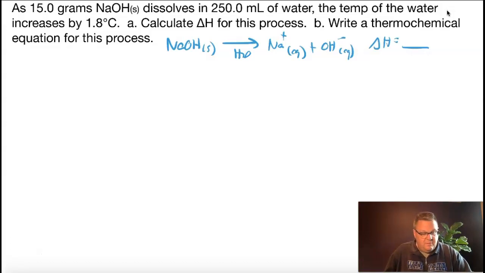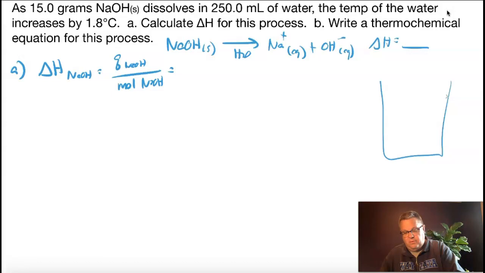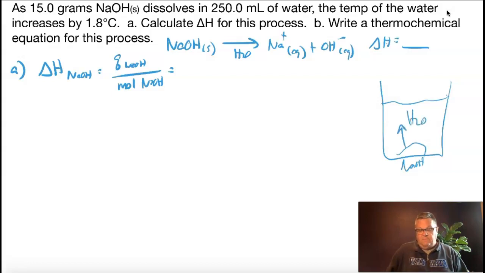Now remember, for A, delta H is Q per mole. And I'm envisioning this like, okay, we have this cup with water, and we have our NaOH, and it's dissolving, okay?